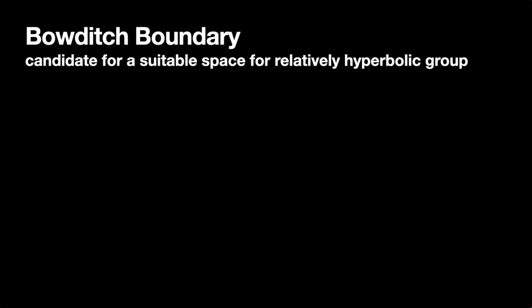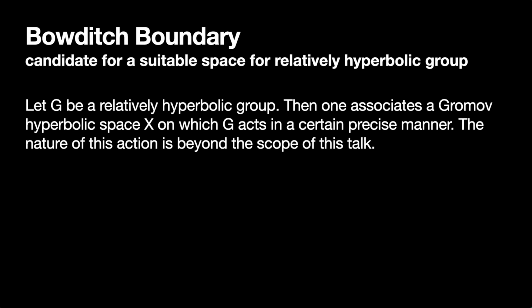With the notion of Gromov boundary comes the notion of Bowditch boundary for relatively hyperbolic groups. It's a candidate for a suitable space on which relatively hyperbolic groups may act and from which we can discover algebraic properties of relatively hyperbolic groups. Now, suppose G is any relatively hyperbolic group, then one often associates a Gromov hyperbolic space X on which G acts in a precise manner.